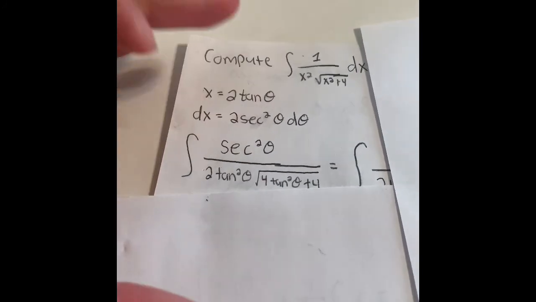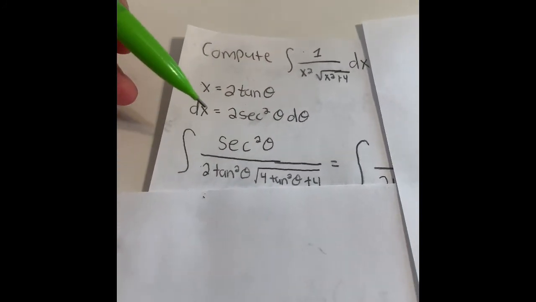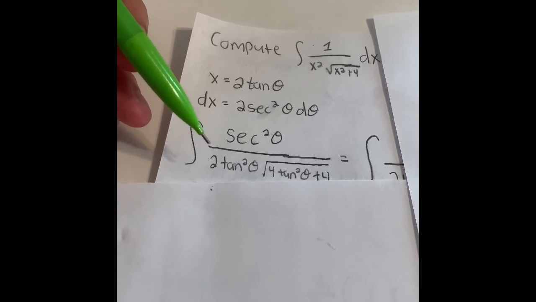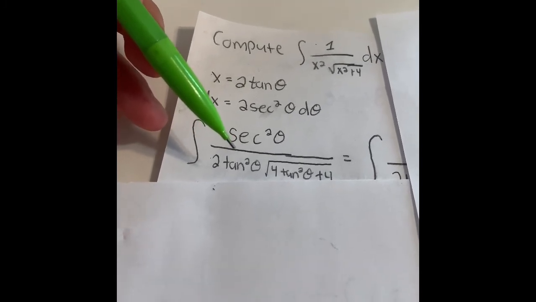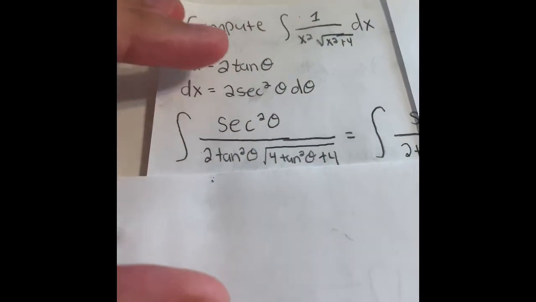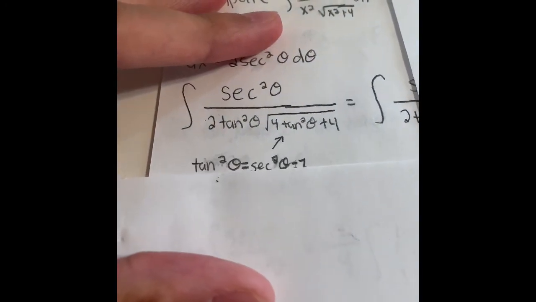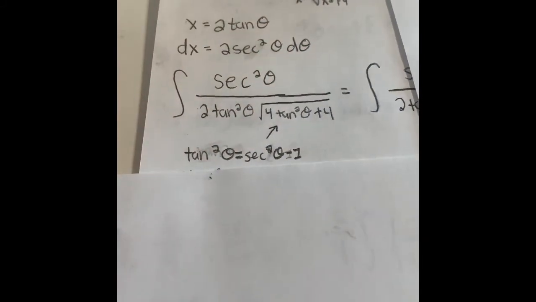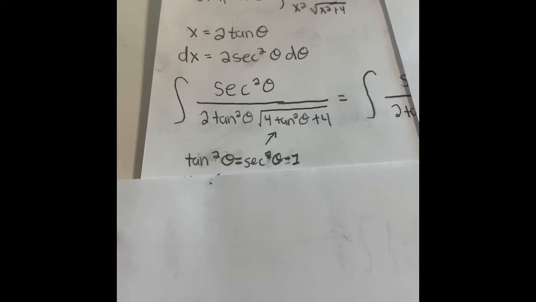So then we get the integral of secant squared theta over 2 tangent squared theta square root 4 tangent squared theta plus 4. What we can do next is another trig sub. Tangent squared theta is equal to secant squared theta minus 1.